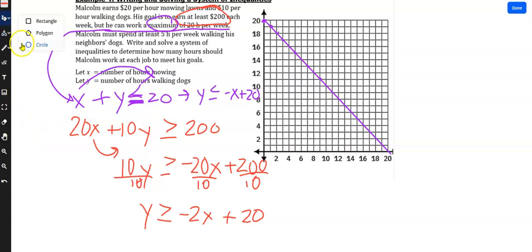Well, that must mean you've got a y-intercept there at 20. And an x-intercept, and so we can draw this line.